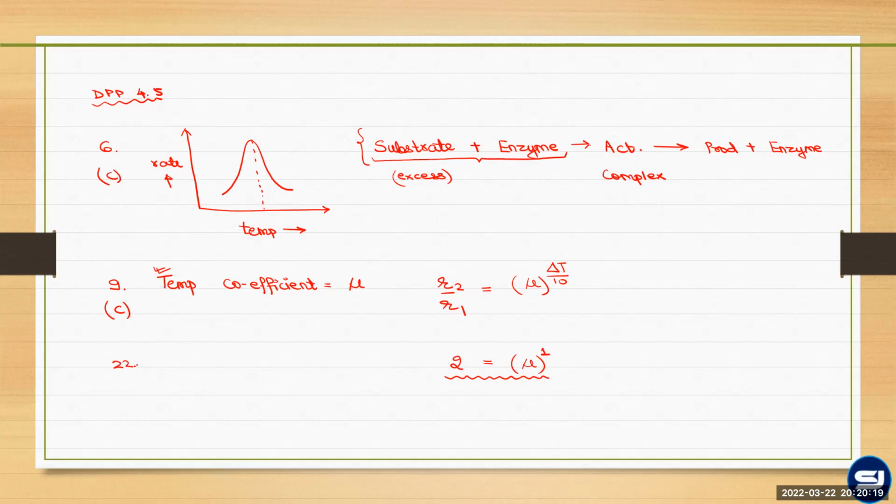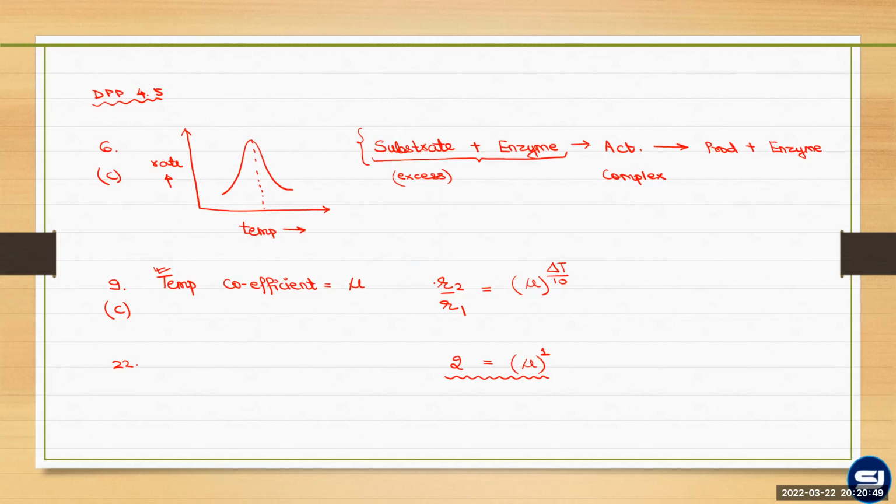It is an integer type question. If the rate of reaction is 2.6 into 10 raised to minus 3 at 50 degrees Celsius and 7.02 into 10 raised to minus 2 at 80 degrees Celsius, what will be the temperature coefficient of the reaction? So you are supposed to find mu. R2 is always the rate at the higher temperature.